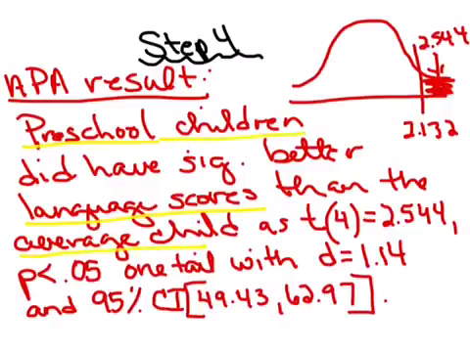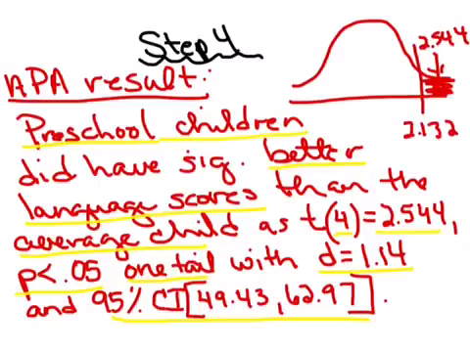Those are our groups. We also have direction, and we're stating better, or if it wasn't, it'd be different. And then we have our t obtained, our degrees of freedom in parentheses, our p related to alpha. We tell whether it's one- or two-tailed. We have an effect size, and we also have our confidence interval, which is used for t-tests.